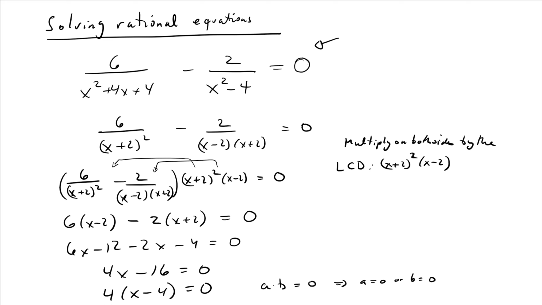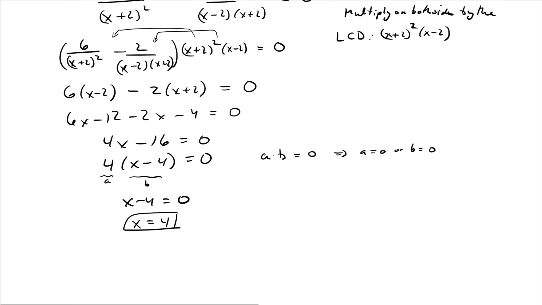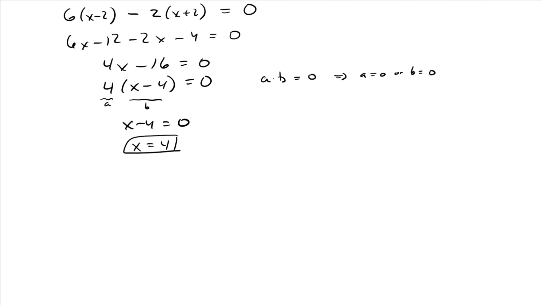So you have to check if you replace x by 4 in the first fraction and the denominator here, will you create a 0? No. And here, no. Okay. But if I had obtained, say, 2 for a solution, it would have canceled the second denominator, and we would have had a 2 over 0, which is impossible. So you have to be careful with your solutions. You have to verify that they actually work. So this is solving a rational equation.